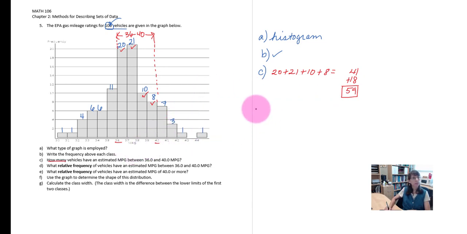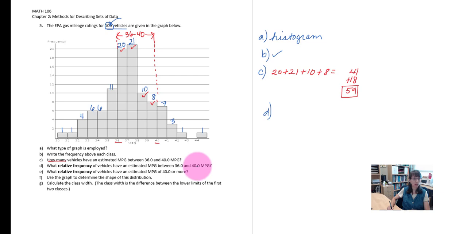Part D. This time it's asking for relative frequency. So to find relative frequency, we would take our frequency and divide by the total number of measurements. And our total number of measurements would be the 100 vehicles. So first, let's find the frequency of vehicles that have an estimated miles per gallon between 36 and 40.